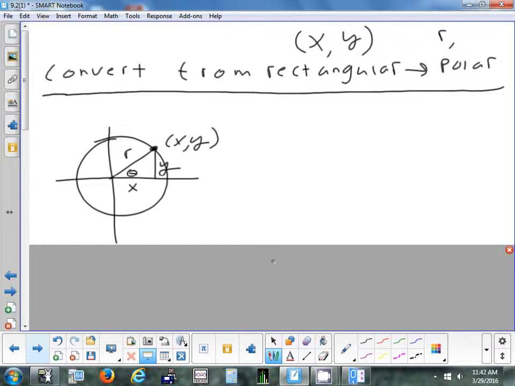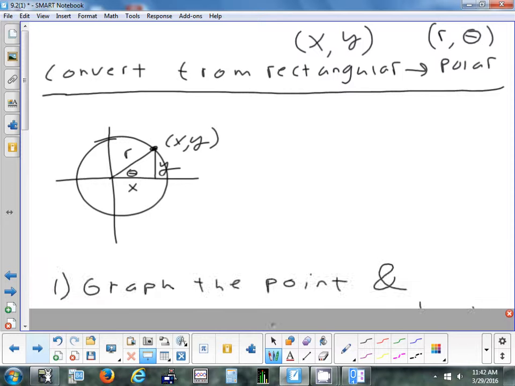Good. And theta. I said hypotenuse. All right, let's start with the radius. Okay, how would you get the radius in this triangle? Yeah, which is what theorem? Someone said. Yeah, we're just going to use the Pythagorean theorem.